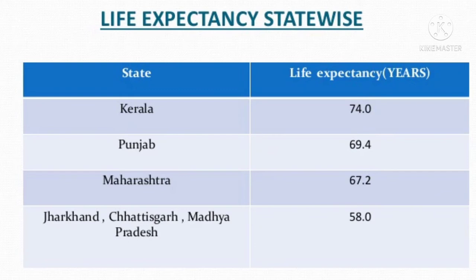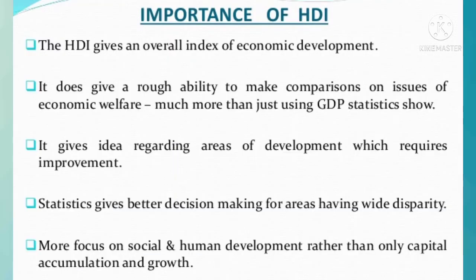That could be the reason for India to be behind 129 countries in HDI, and now the current position is around 133 to 134. So that is a very poor condition for a good country.